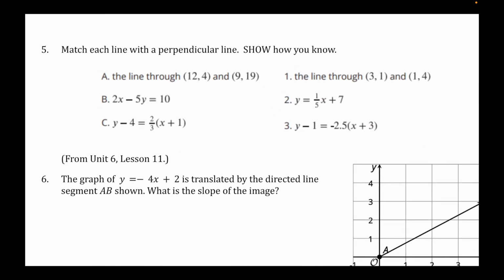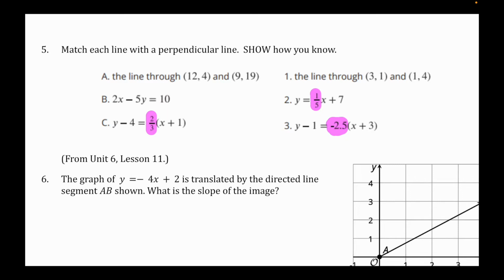So I'm going to identify the slopes of all of these lines. And I can see I have 1/5, 2/3, negative 2.5, and then I have a couple other things here that don't quite match. So let's look at some of these fraction ones.